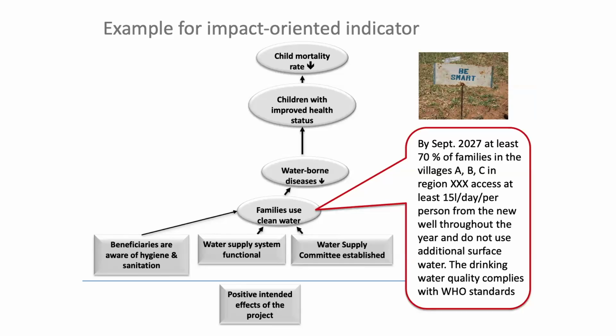This is the responsibility of the project, and this is the focus of project steering during the implementation phase of the project. So impact orientation makes monitoring definitely more challenging than pure activity and output monitoring. And it's the only way to ensure real improvements for the beneficiaries. And that's why projects exist.